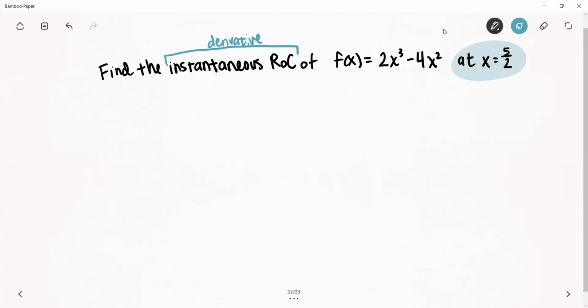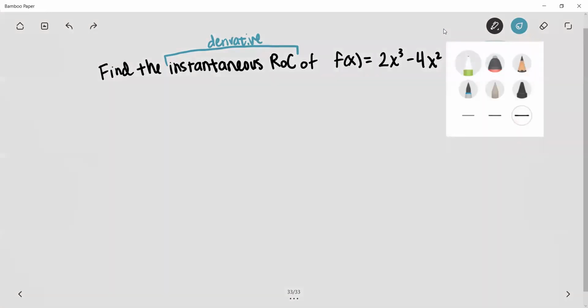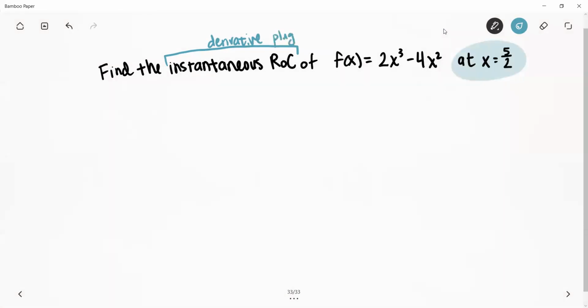When I take the derivative, I'm going to have to plug in whatever value they gave me, which is 5/2. Let's go ahead and try it. Pause and then resume when you're ready.